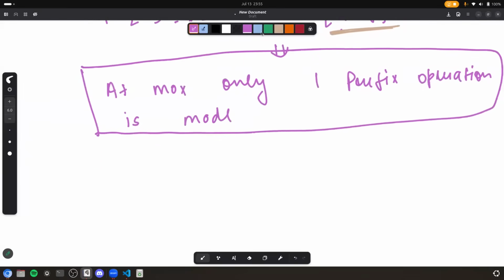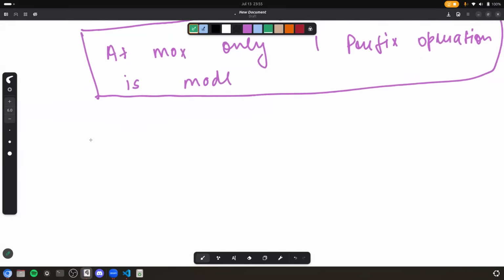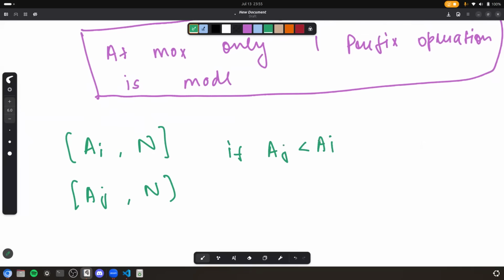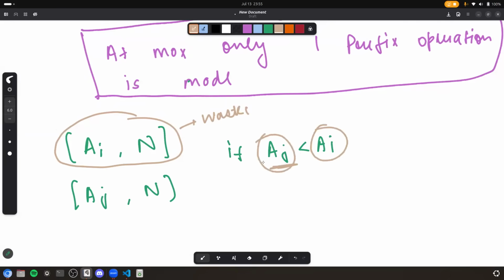And similarly, we can see for suffix also. Let's say we mark ai to n as marked and aj to n as marked in two different operations. Then if aj was less than ai, let's suppose, then using this operation was a waste, since we already marked all the nodes that we had in this operation in this operation.